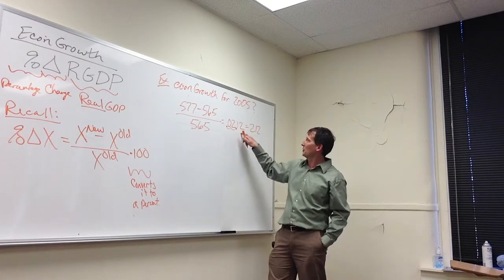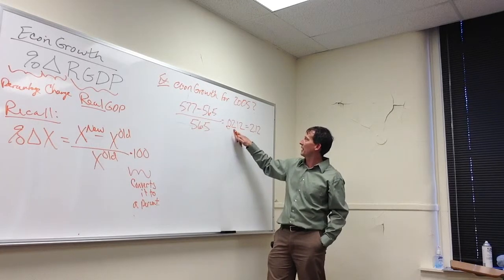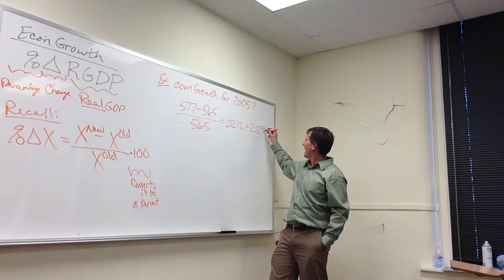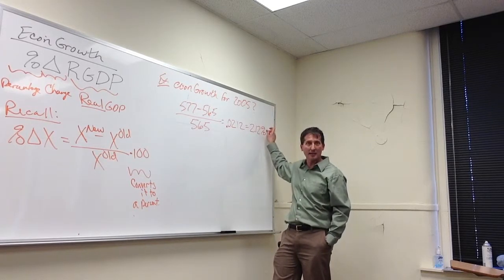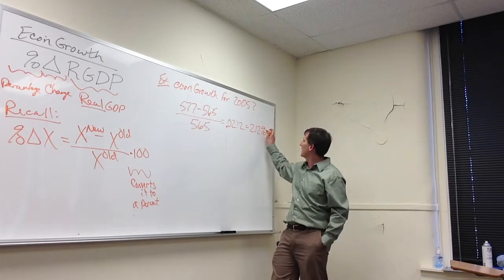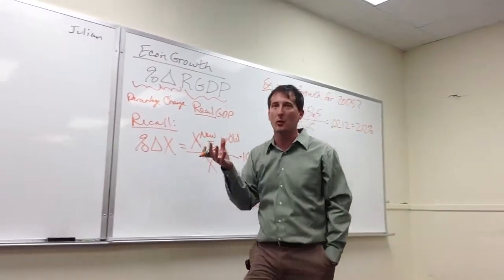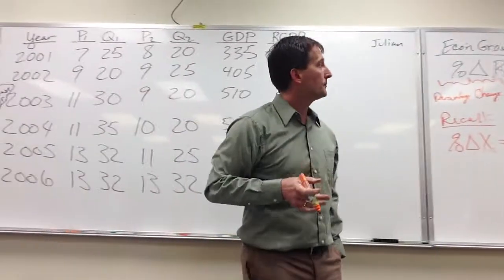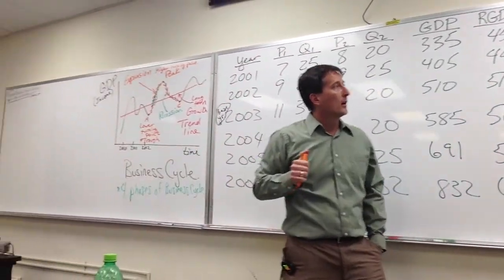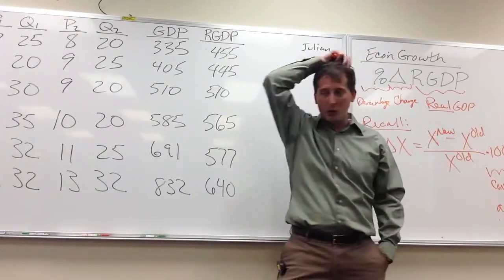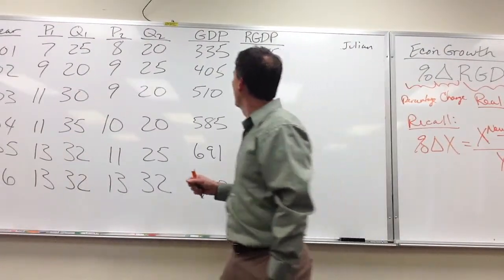So 0.0212 is an answer that is correct. But 2.12 has to have this symbol after it to make sense. Because then we can go back and forth between the two. Those two expressions are equivalent to each other. So the economy grew by 2.12%.